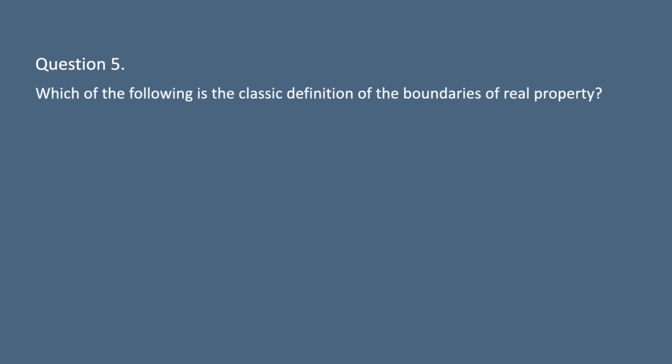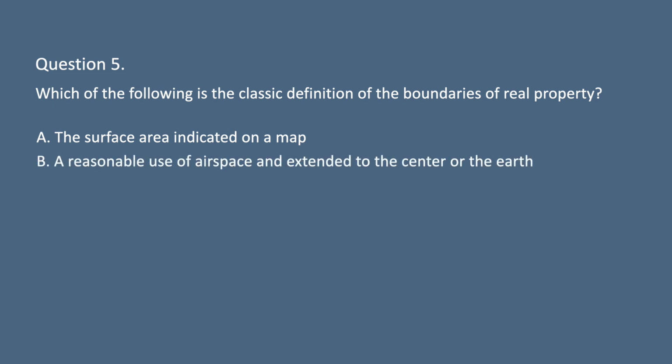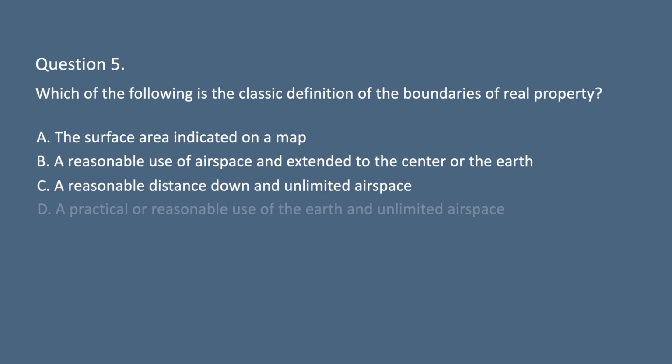Question 5. Which of the following is the classic definition of the boundaries of real property? A. A surface area indicated on a map. B. A reasonable use of airspace and extended to the center of the earth. C. A reasonable distance down and unlimited airspace.